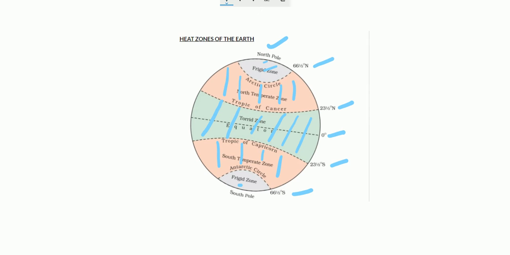And if you locate India, India is here. That means the northern half of India lies in the temperate zone, and the southern half lies in the tropical zone. Since it is close to the Tropic of Cancer, we may also refer to it as warm temperate or subtropical.